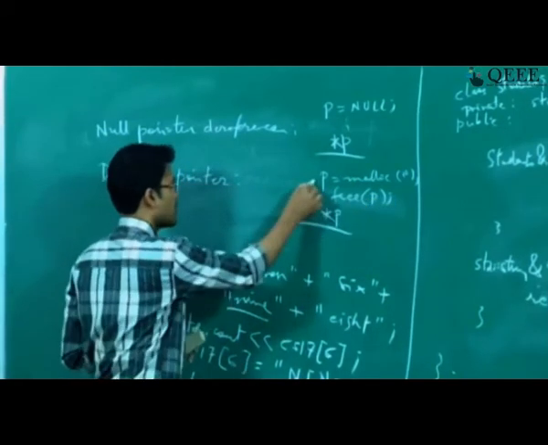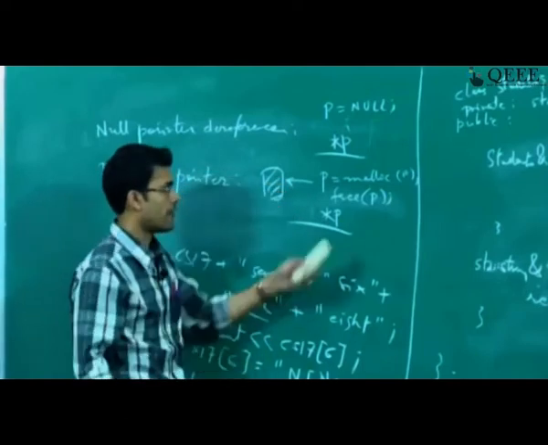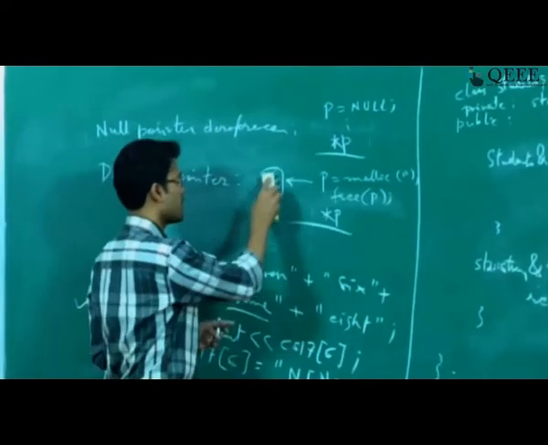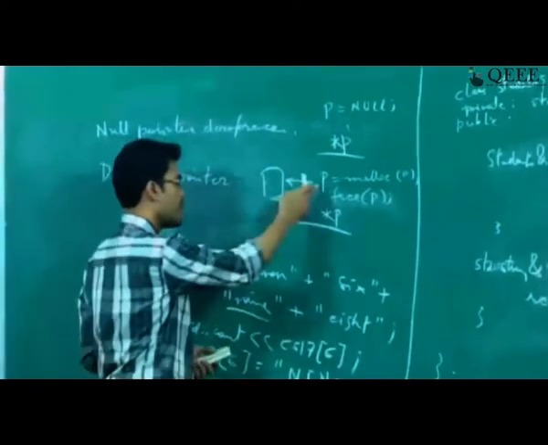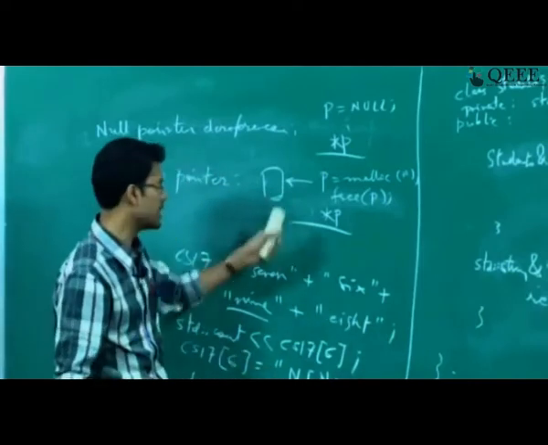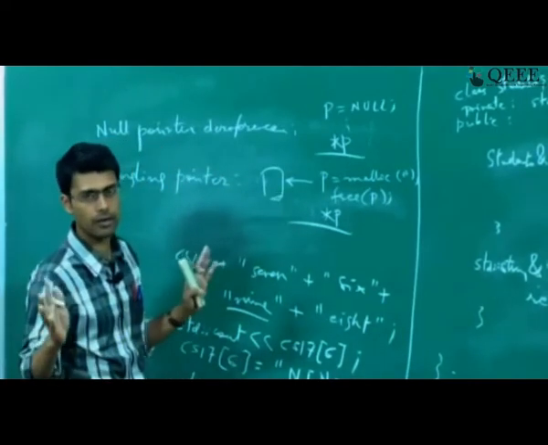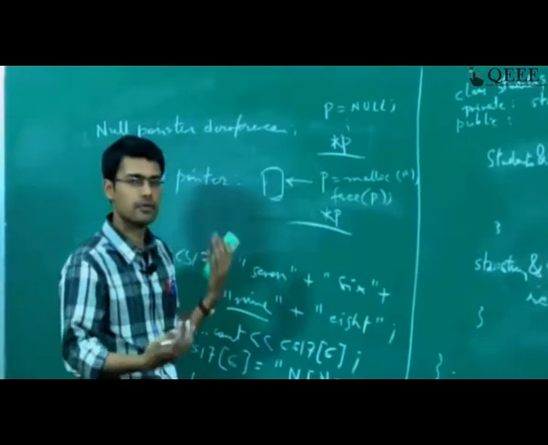Let us say after malloc, p was pointing to some memory area. After free, I have removed this memory area, I have deallocated this memory area. However, p is still pointing to it, which means that p's value is still the address of this memory, which is no longer allocated, and therefore when you do dereference, you are actually referring to a wrong pointer.